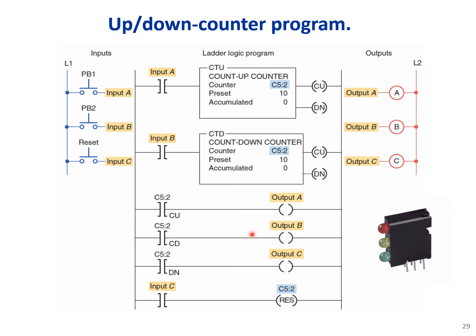Once we are counting down, output B will become on, and once we reach the preset value 10, output C will be true, and we could reset the counter immediately once we reach the preset value by this input C, by this push button.